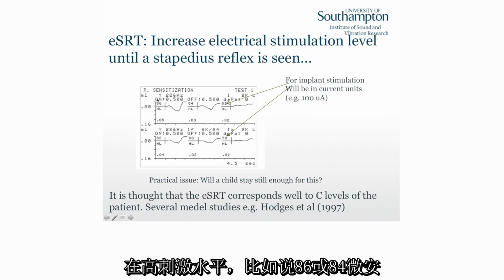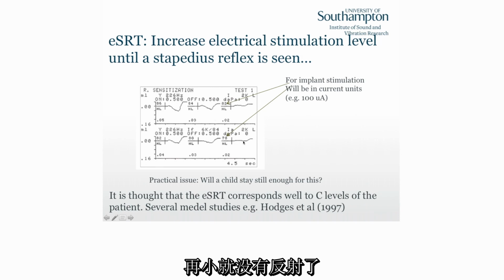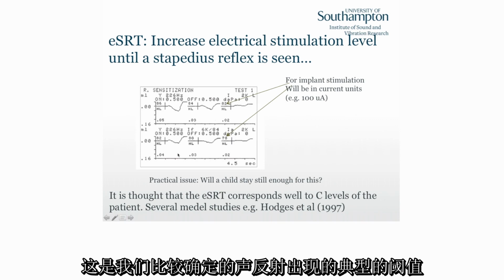So up at the high levels, say 86, 84, we're seeing an acoustic reflex. Down here at 78 or so, then there's no reflex. And we're looking at a change somewhere around 0.03 milliliters of compliance would be a typical threshold for where we can confidently say there's a response.